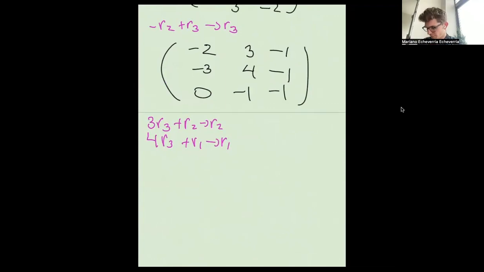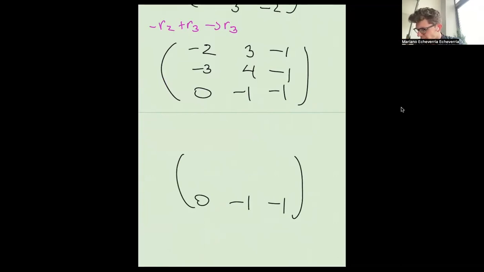Okay. So I'm leaving row 3 alone. And then I'm doing 3. This is what happens when you write it backwards. So what I'm going to do is, I have to put 3 row 3 plus row 1 into row 1. Okay, so you get -2, 0, and then 3 here gives you -3, -4.